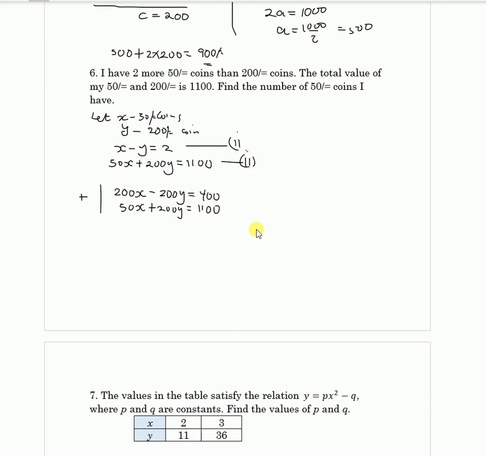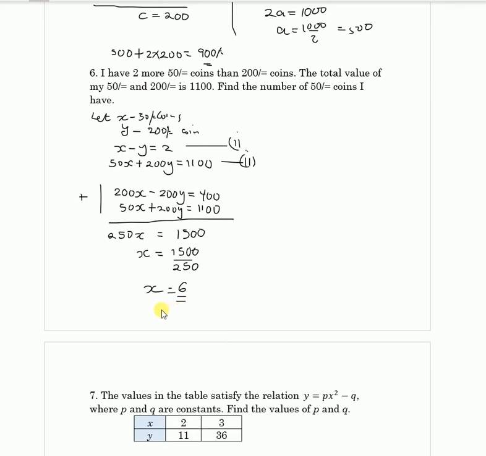So when I add the 2, I have 250x, and the y terms cancel to 0, equal to 1500, such that x is equal to 1500 divided by 250, and x is equal to 6. I get x as 6.